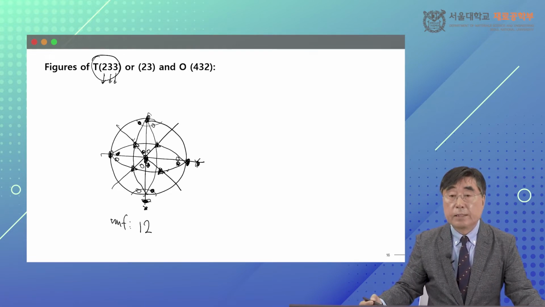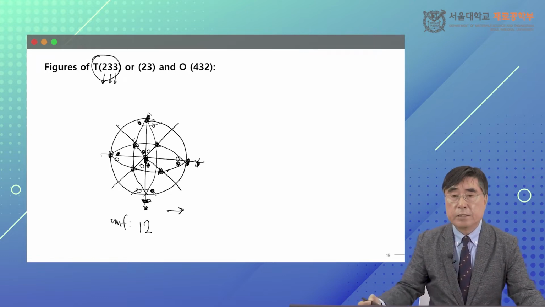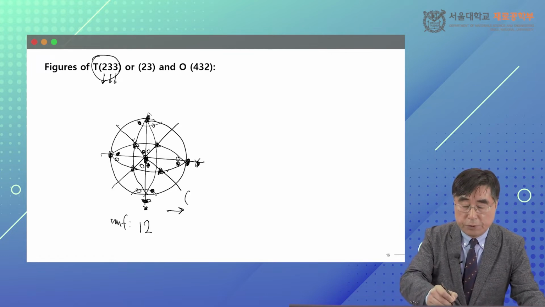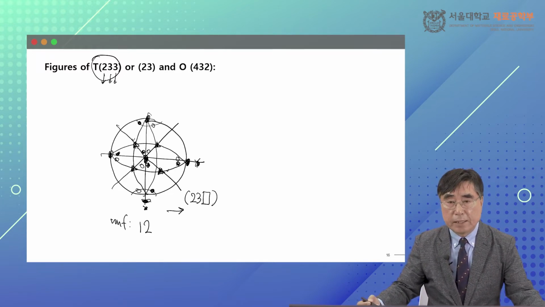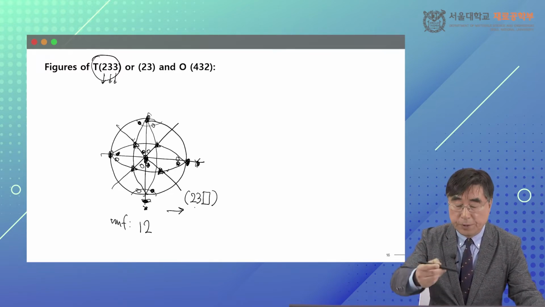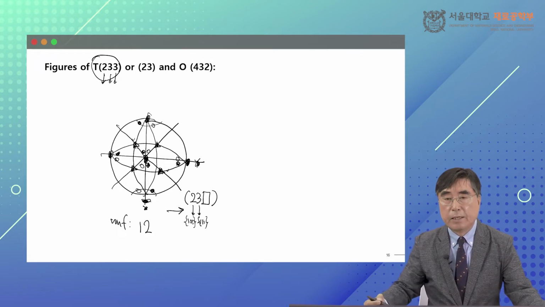And this is T by Schoenflies notation. And when we define this one, people later call it the cubic system, and we wrote it as 2, 3. When people write this as an international symbol of the cubic symmetry, the first digit designates the 100 type axis, and the second digit designates the 111 type axis.